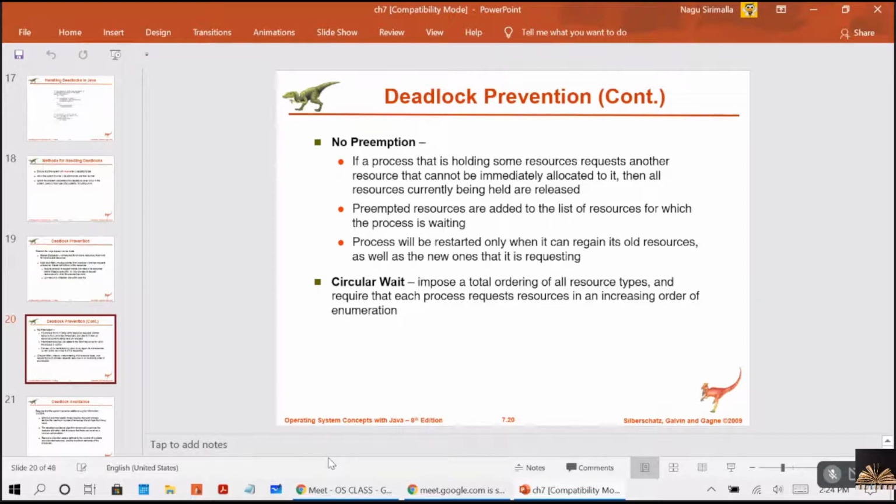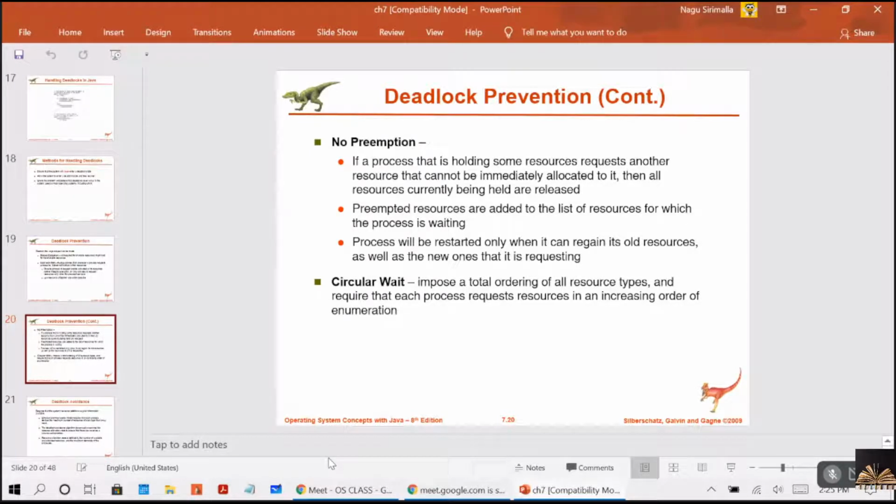Now, no preemption. No preemption means you should not take the resources forcibly from the process. Making that false means you should apply preemption here. To ensure that the no preemption condition does not hold, we can use the following protocols.